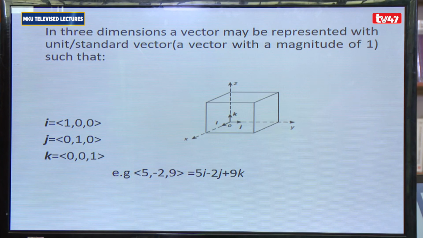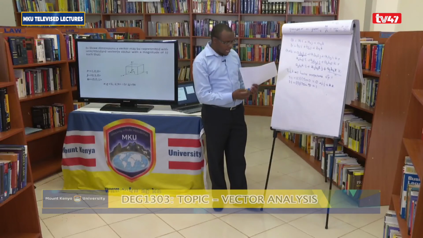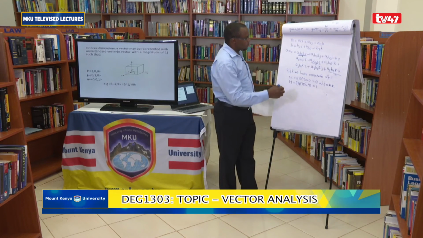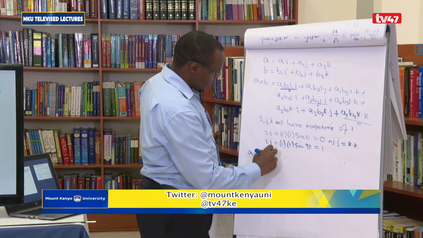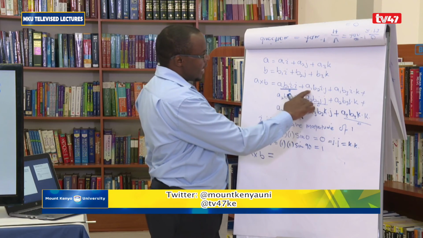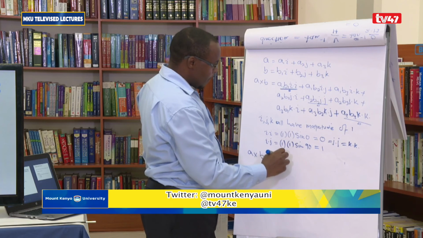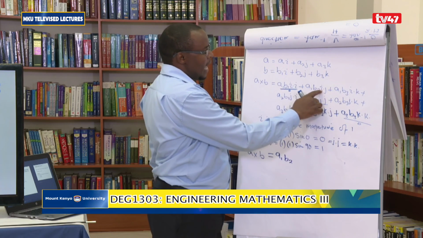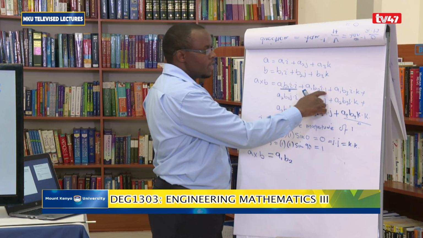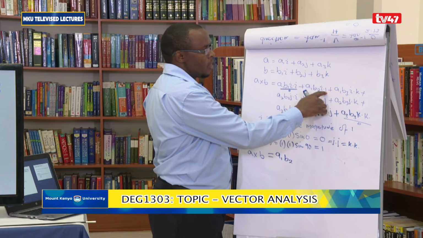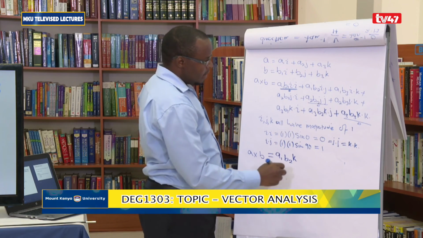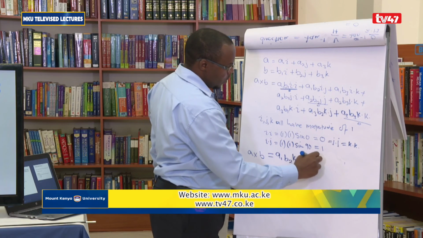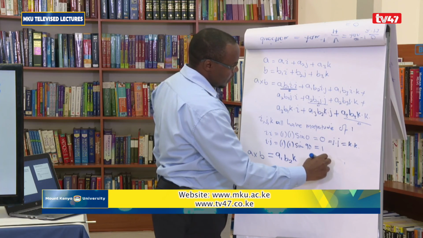Okay? So when we apply that knowledge here, we are going to see that in the first case, our A cross B is going to give us, now this is A1 B2, this is I J, so it is moving forward, and therefore we go to the next component, which is going to be K. Then the second one, we have A1 B3.